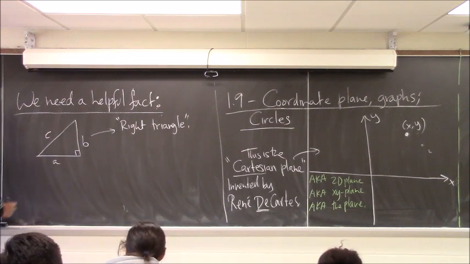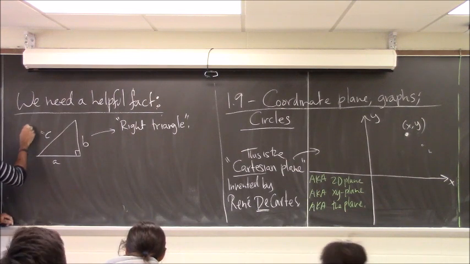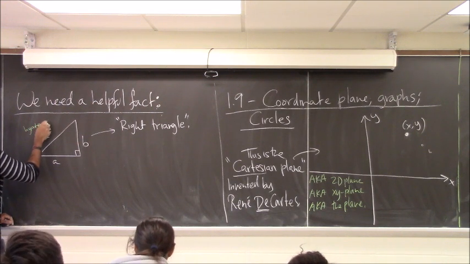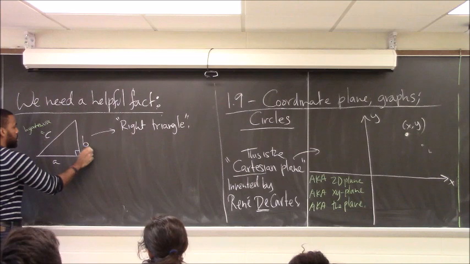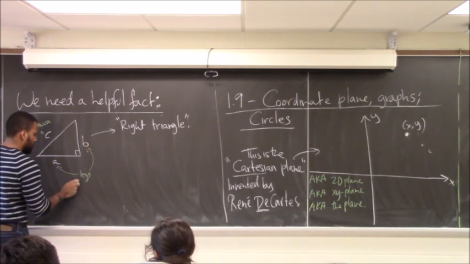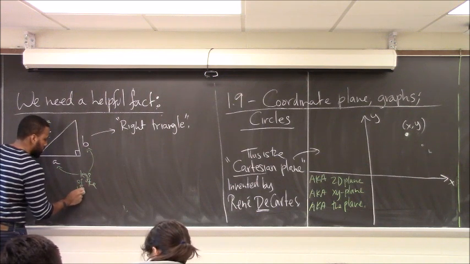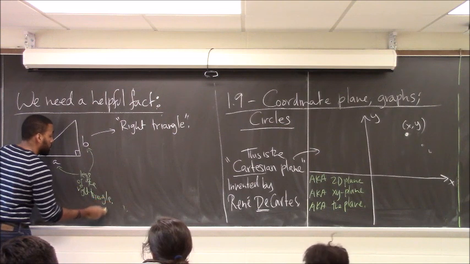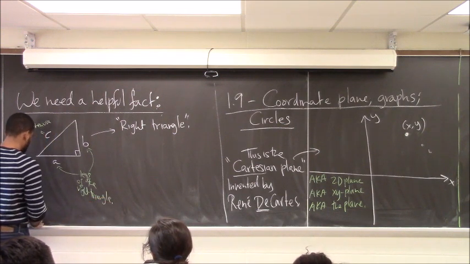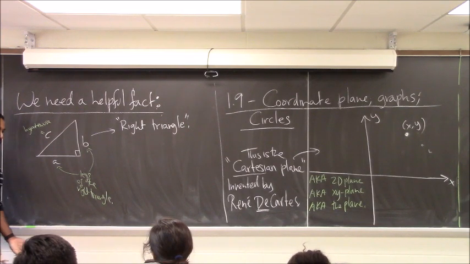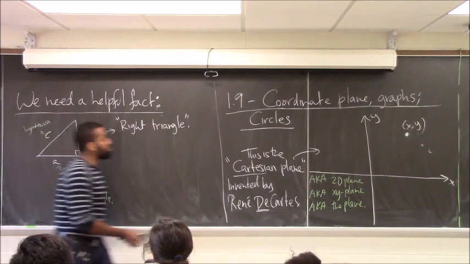This side is called the hypotenuse. These sides are called the legs of the right triangle. It's very important that we know the relationship between all these side lengths. I wonder what that's going to be.